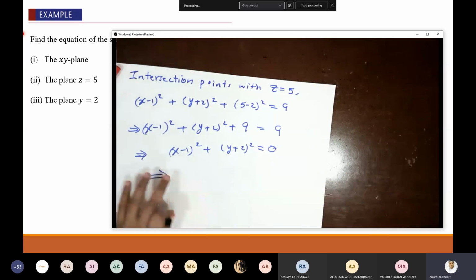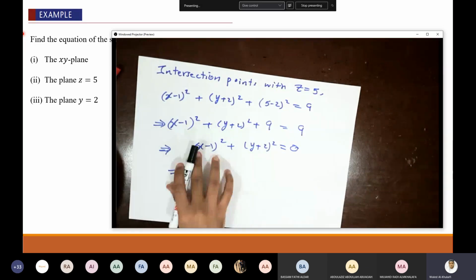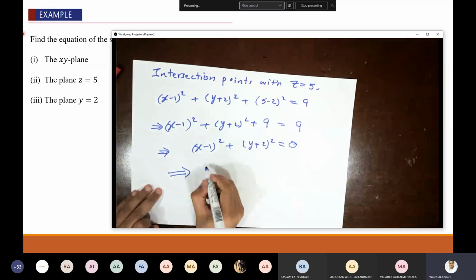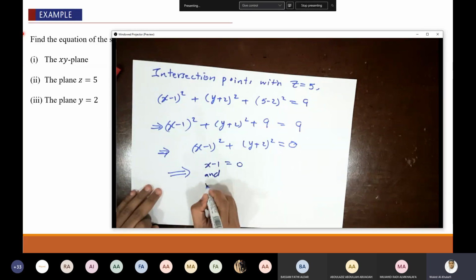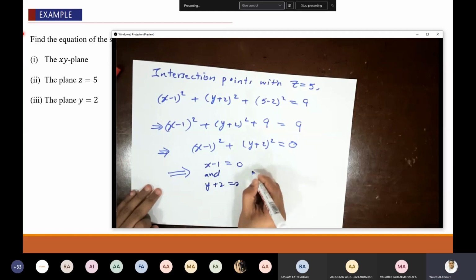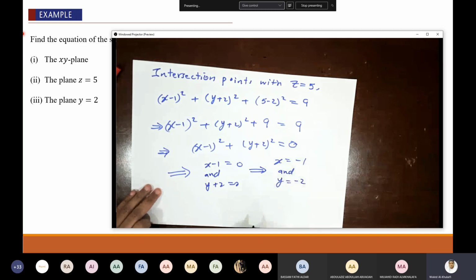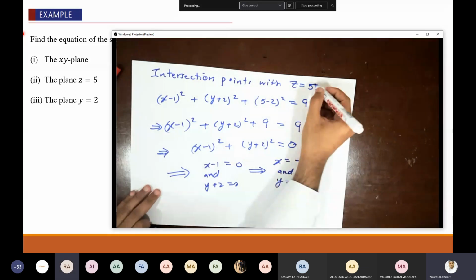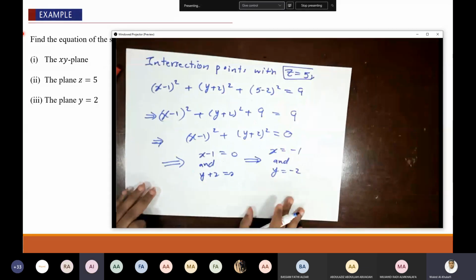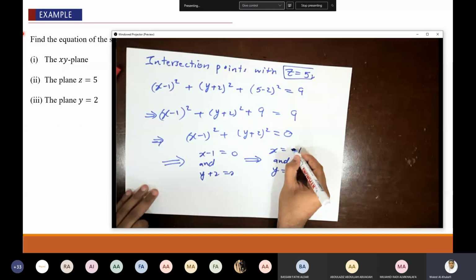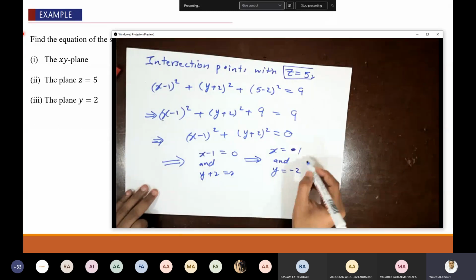So it means that we have the same situation. It means that x minus 1 is equal to 0 and y plus 2 is equal to 0. So it means that x equals 1 and y equals negative 2.